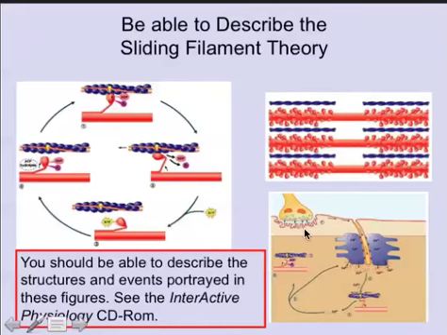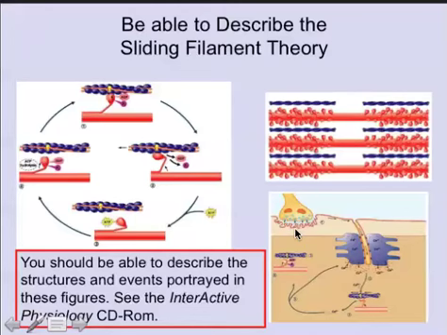And what will happen is that the acetylcholine will bind to acetylcholine receptors on the motor end plate, and that will trigger an influx of sodium into the muscle cell, and that constitutes a depolarization of the cell membrane.